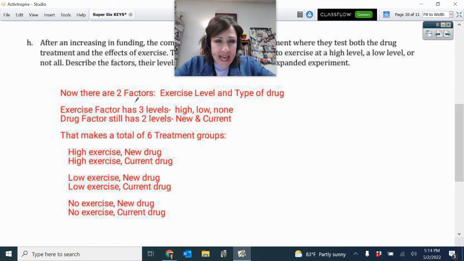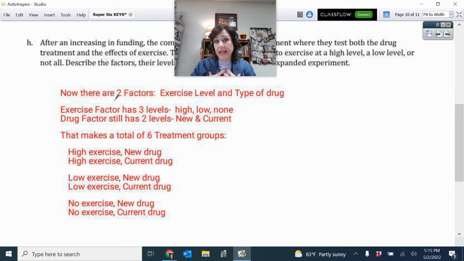Now they say, hey, when you did this for the exercise, when you did the blocking for the exercise, then how many factors and levels are there? Well, now there's two things. Now there is two, they ended up assigning them to an exercise regimen, high, low level, or not at all.